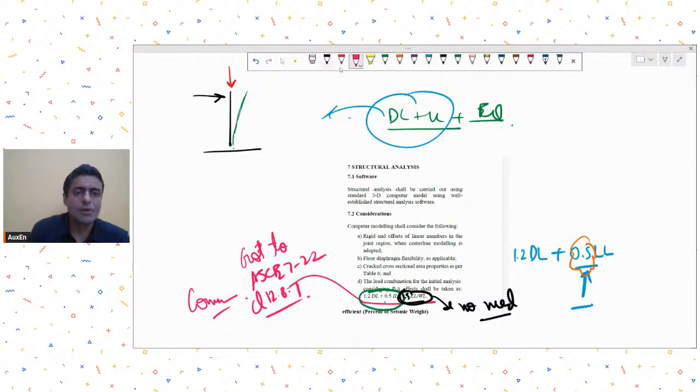Sorry, the lateral load is creating some displacement, and now the gravity load that was already present will act on it, leading to an additional moment of P into delta. That is the logic. So basically, we only need the gravity component.